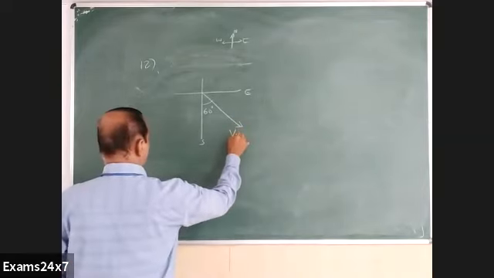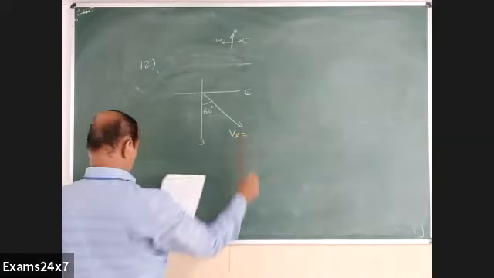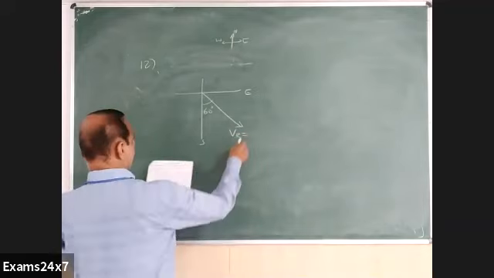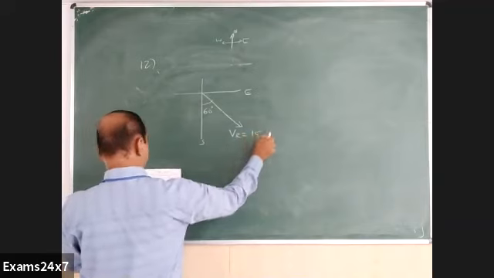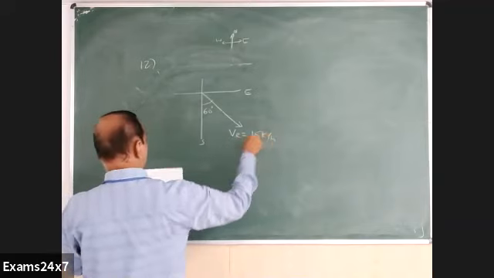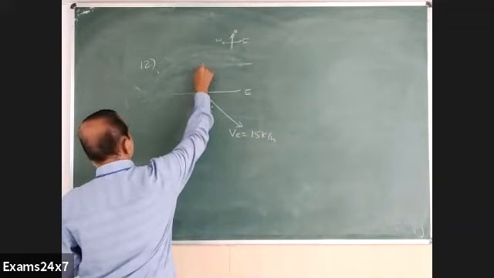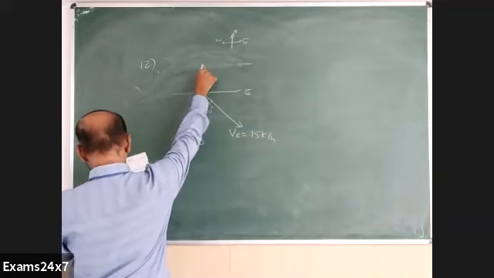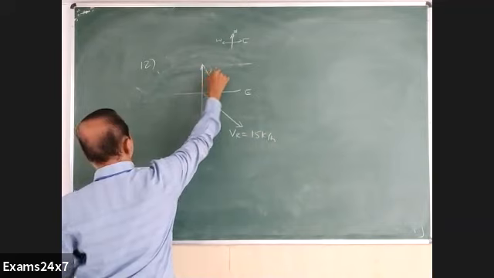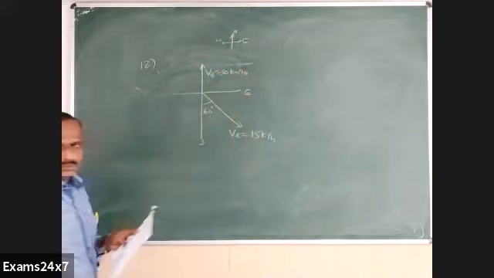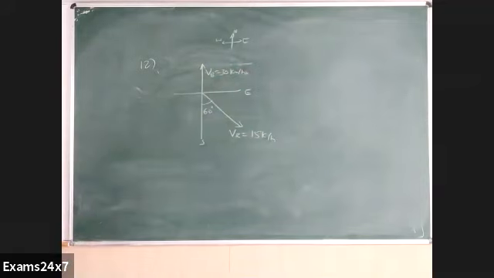This is VW or V of river. What is that given? Speed 15 kilometer per hour. Then boat is moving towards north. Boat is going like this with the speed of 30. So V of boat is here, 30 kilometer per hour. So these are the two velocities. What is the angle between the two velocities now?